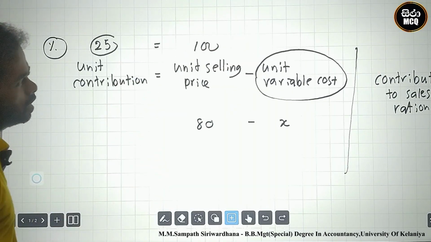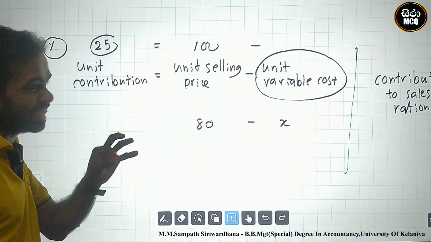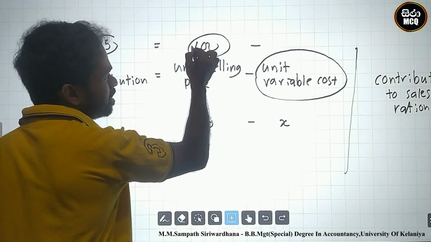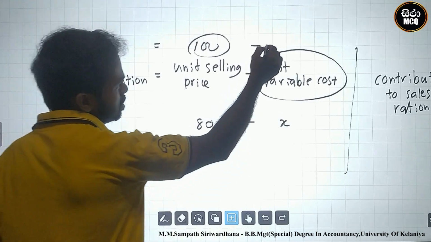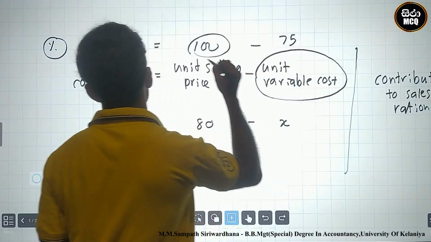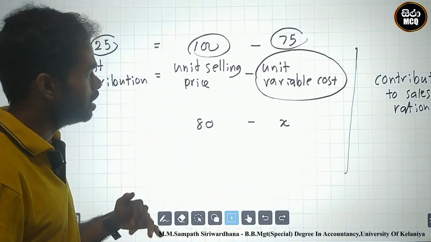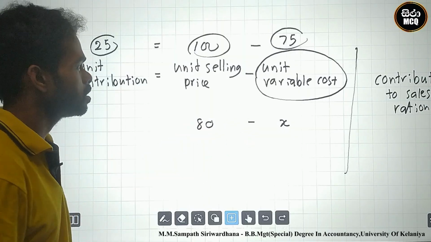This is the percentage meaning. What is the unit variable cost in percentage terms? It is 75. Why? 100 minus 75, the answer is 25. In that way we identify the unit variable cost.